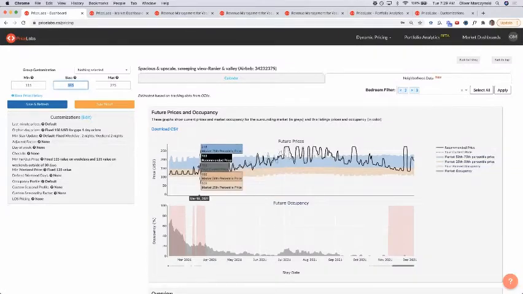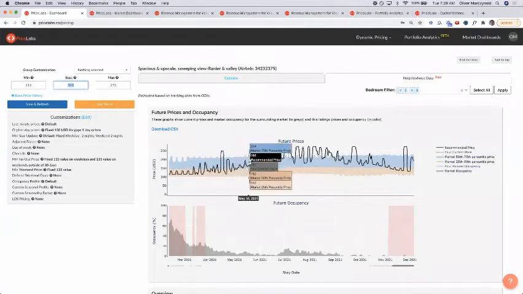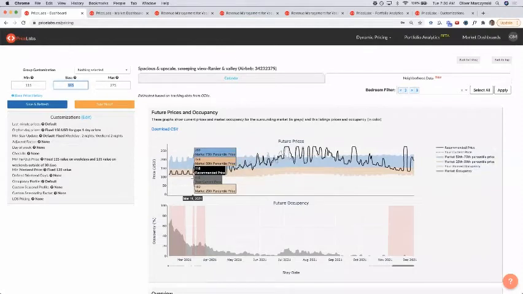So I would recommend looking at how this black line compares to the market's rates and adjusting as necessary. If you typically price towards the lower end of the market, maybe you have small listings, they're not very luxury, maybe they don't have great reviews, and maybe being priced close to the bottom of the market makes sense for you.